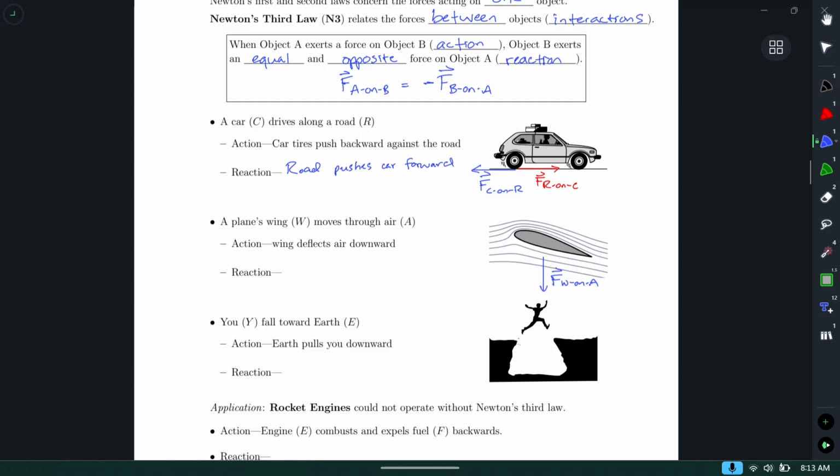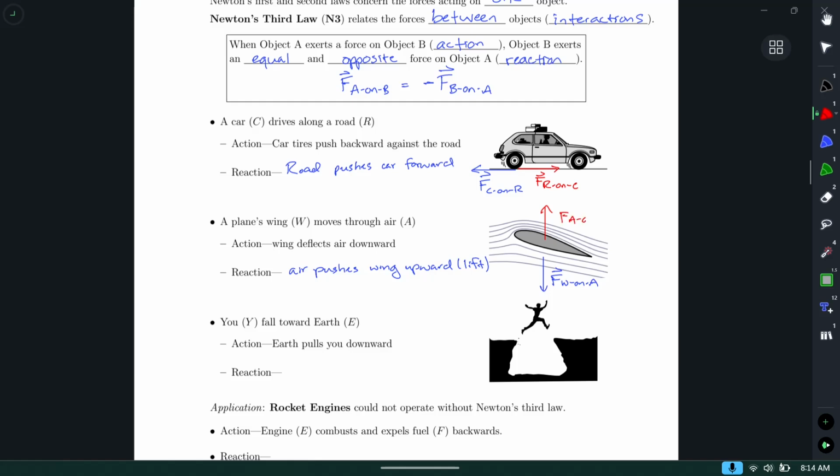So air pushes the wing upward, and we give that force a specific name. We call it lift. And that is, in a very summarized and hand-wavy way, how planes fly: Newton's third law. If you look into the full description, there are a lot of moving parts and a lot of physical principles at play simultaneously, but Newton's third law is the short and dirty answer to it.